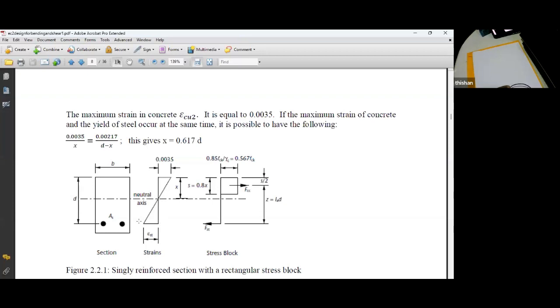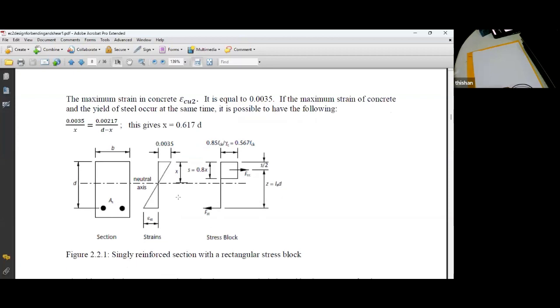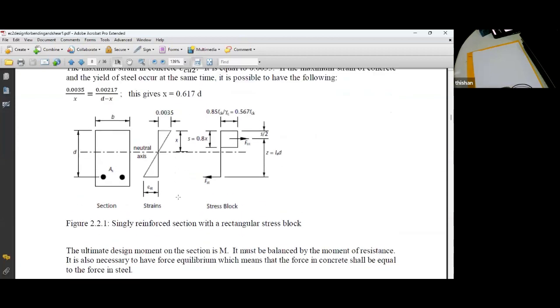This type of beam is called an under reinforced beam. So any beam having the depth of the neutral axis less than 0.45 D is called an under reinforced beam. But if you have a beam with a lot of reinforcement where X over D exceeds 0.45, then it's over reinforced.